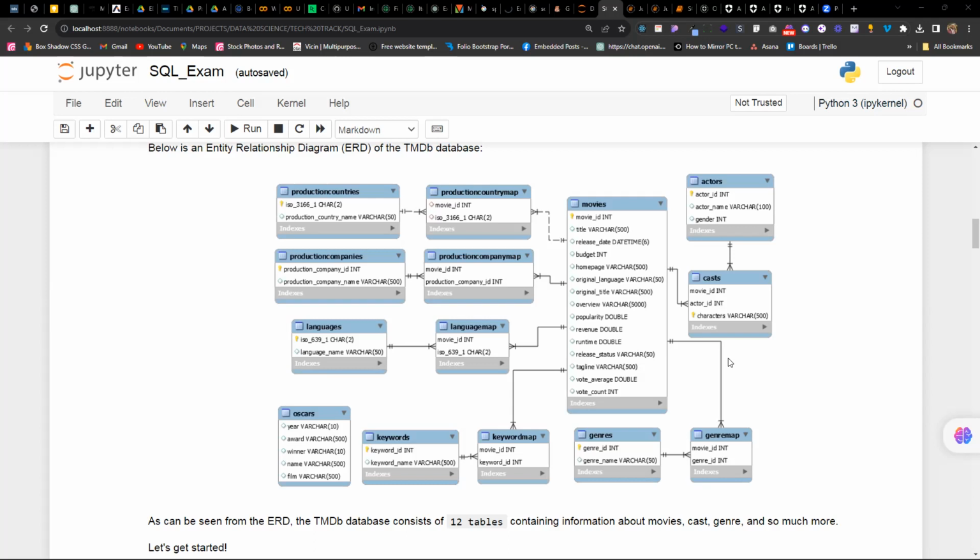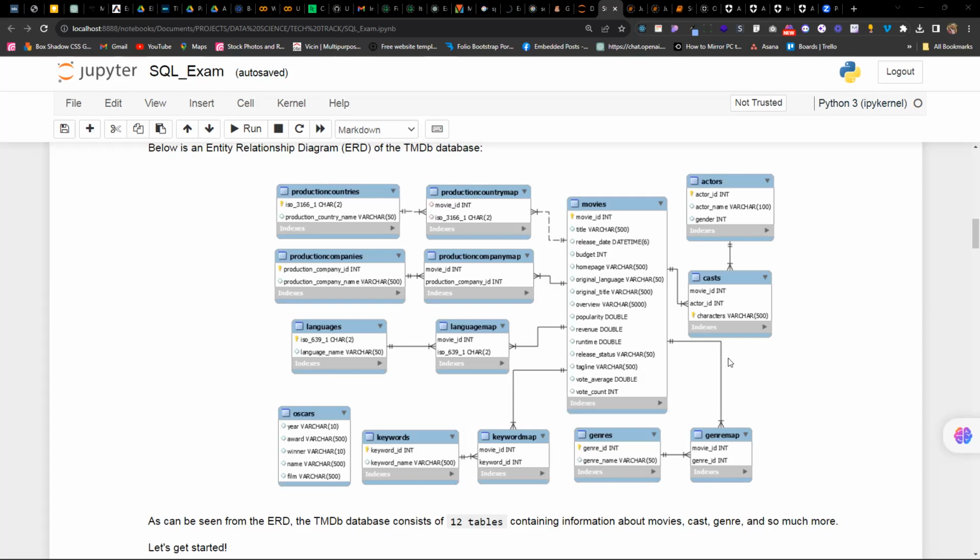Okay, so the reason we can't join the genre and keyword straight up is because there is no common column between the two tables. To join two tables, there has to be a common column between them. So we have to join genre to genre map first because there's a common column between the two tables. Then genre map to keyword map because there's a common column between the two tables, and keyword map to keywords.